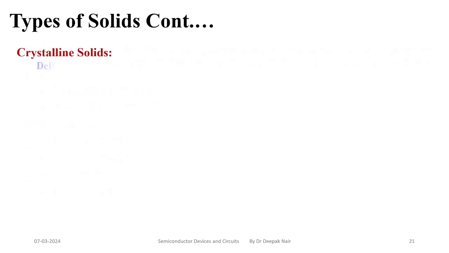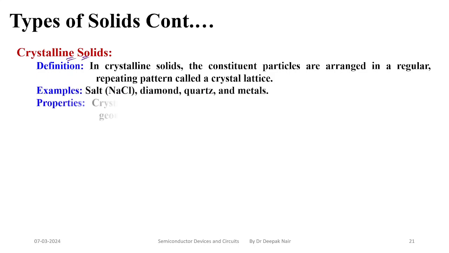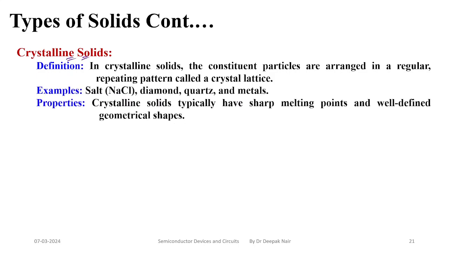So crystalline solids, these solids are classified by the type of arrangement of the particles in them. Remember, these solids constitute particles, and these particles in case of crystalline solids are arranged in a regular repeating pattern in 3D, and we call these patterns crystal lattice.